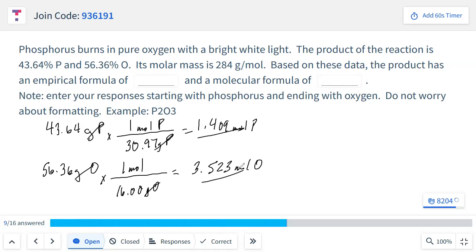Once again, the values here are not easily determined. So we're going to divide by the lower.